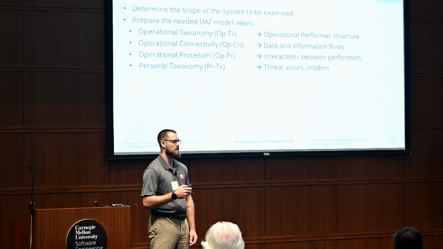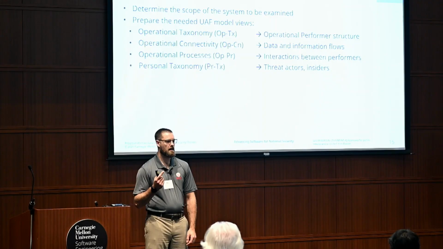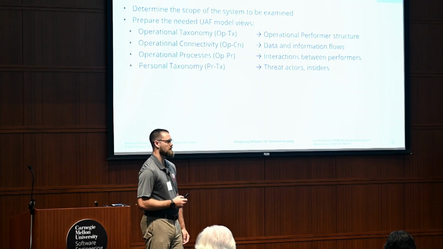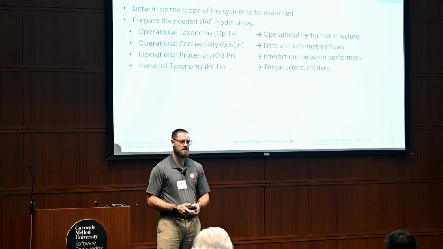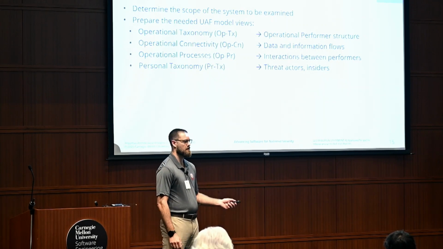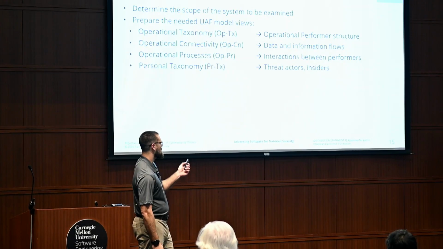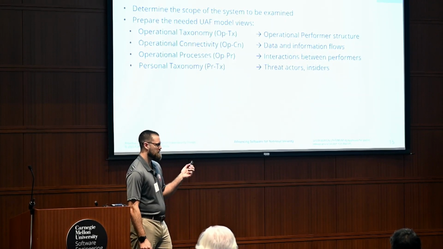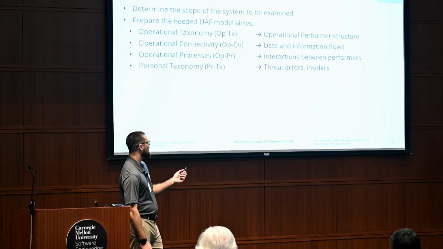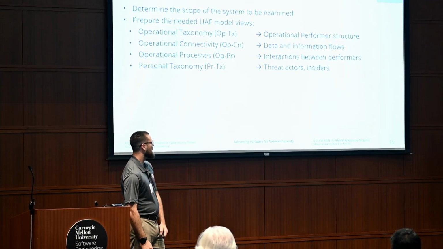This is going to be not only the people, say like your software engineers or your DevOps engineers that are going to be carrying out certain processes, but especially important for threat modeling, your threat actors, your insider threats, all of those fun unnamed people that we heard about in the last presentation.